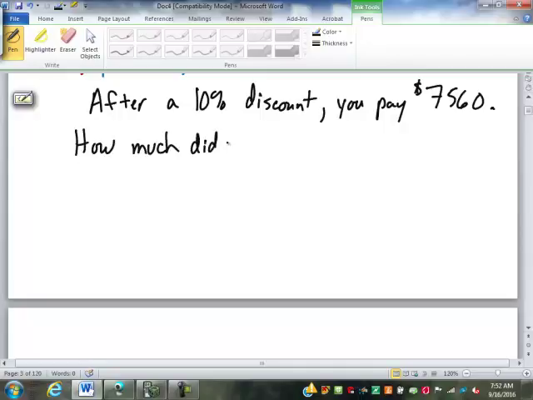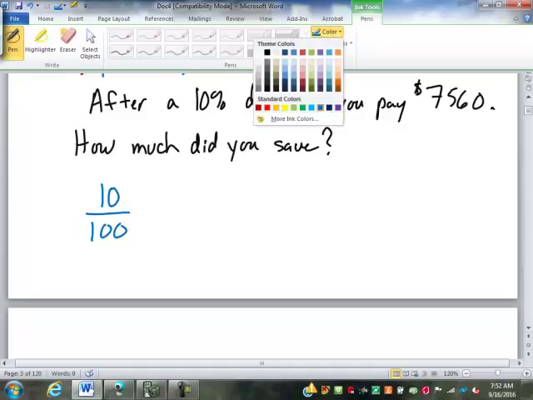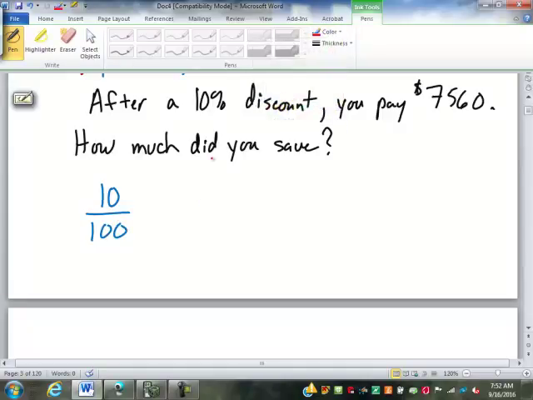How much did you save? Looking at this one, how would you approach it? Okay. Equals 7,560 over. Okay. So you put the 7,560 in there.